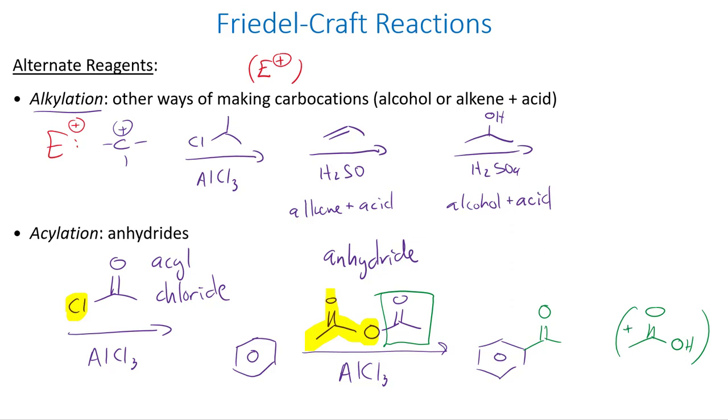And that's important if those two happen to be tethered together. But if we see an anhydride, we want to do the same thing that we're doing with acylation of an acyl chloride. We just know that it's a little bit more complicated. And again, the chloride plays the role of our leaving group. We can think about this whole side also being a leaving group.